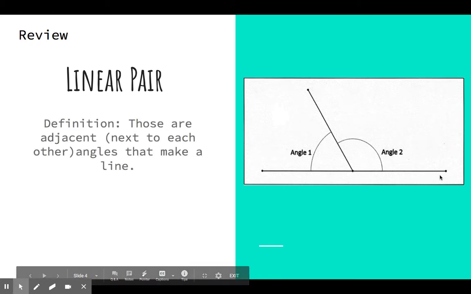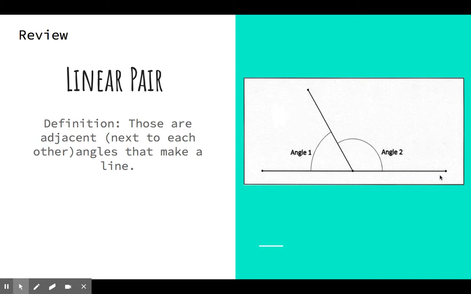So we define a linear pair as a pair of angles that are next to each other, adjacent is the term, that make a line. So they have to be next to each other. They're sharing some kind of line here, and they're sharing another line here. And that's the line they're making.